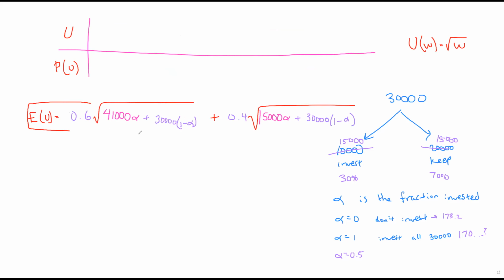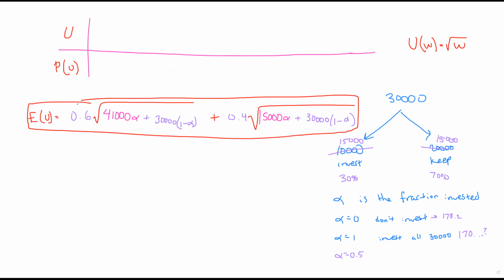So this is what my expected utility would be for any given level of alpha. You can try this yourself. If alpha equals 0, we should get 173.2 from this, because it means that we didn't invest, right?